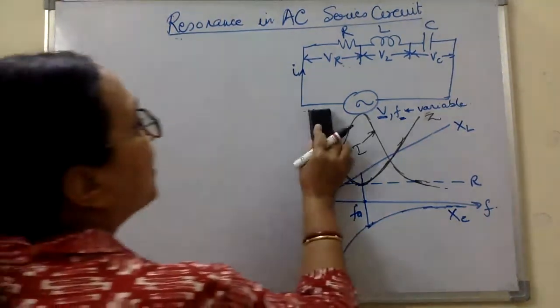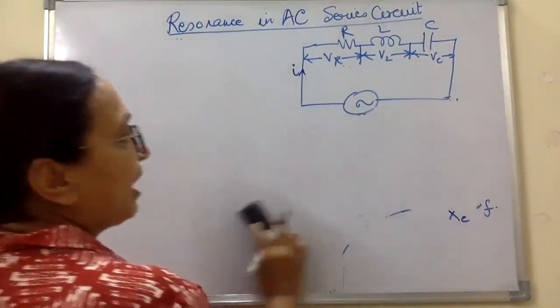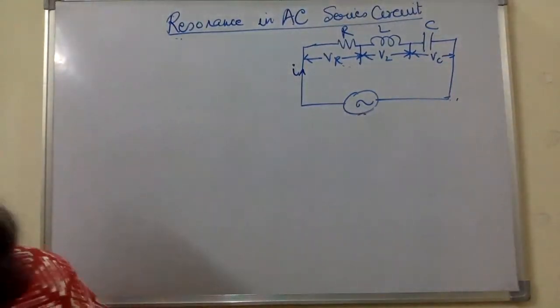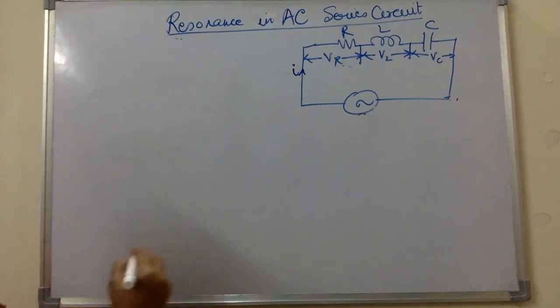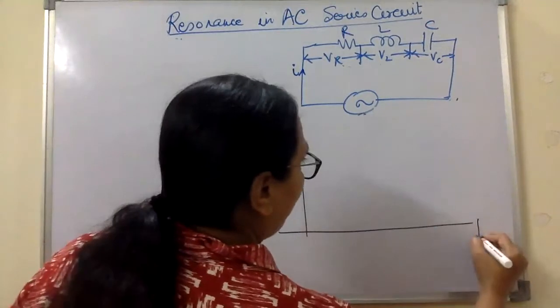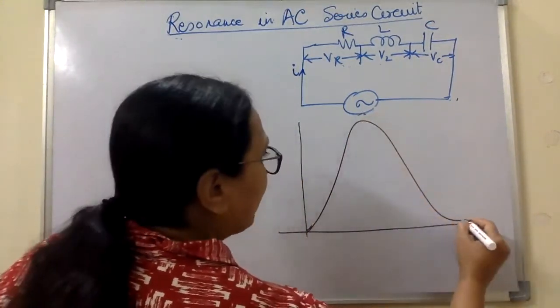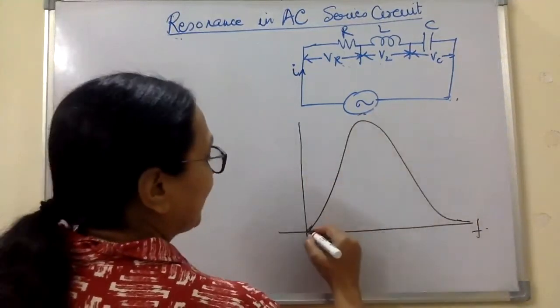Now, after we define the quality factor, we have got one more term that is known as the bandwidth. And that is an important term, because now we'll take only the variation of the current with respect to the frequency.